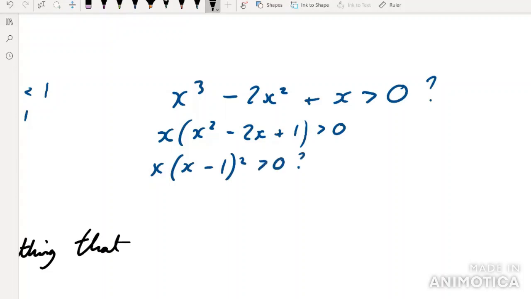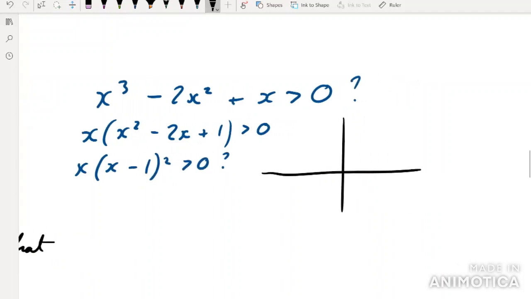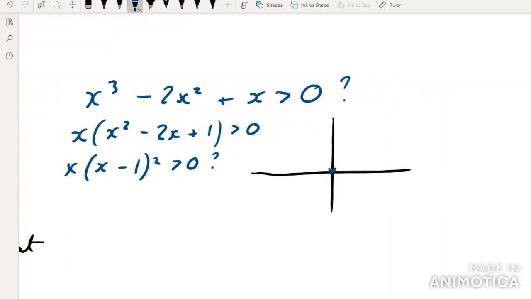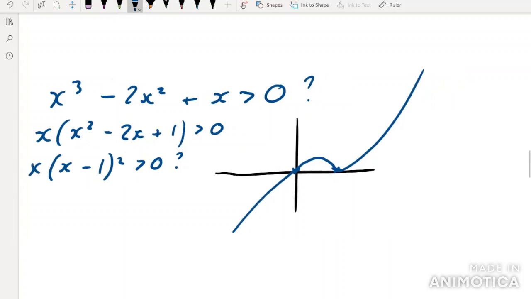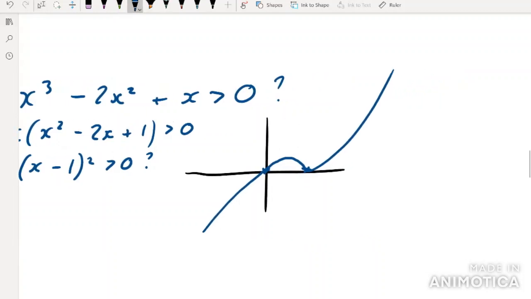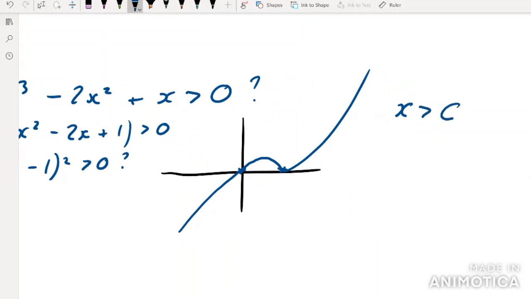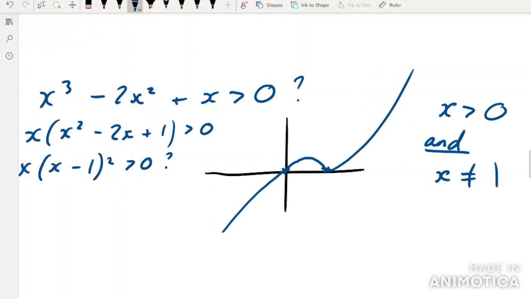Well, we can sketch that thing out. I can plot that point at 1. We know the point is just touching, so we sketch it like that. And then very quickly, when is that greater than 0? Well, it's greater than 0 for all x, but x does not equal 1, because at 1 it's equal to 0, as we can see.